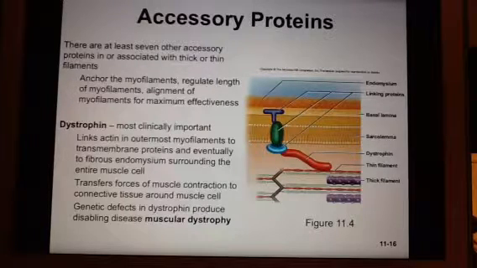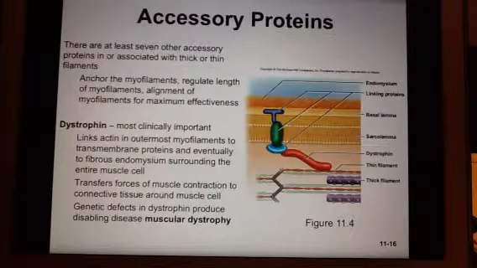It is linked to the actin in outermost myofilaments, to the transmembrane proteins, and eventually to the fibrous endomysium. So it basically holds the outer myofilaments to the endomysium, and it transfers the forces of the muscle contraction to the connective tissue around the muscle cell.